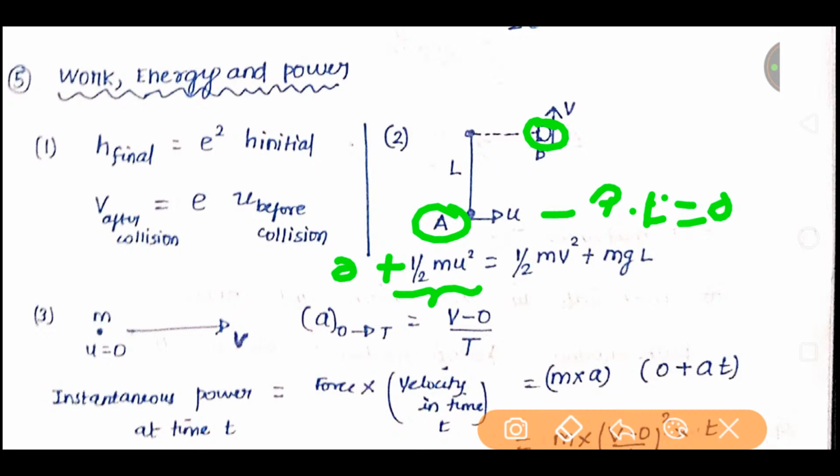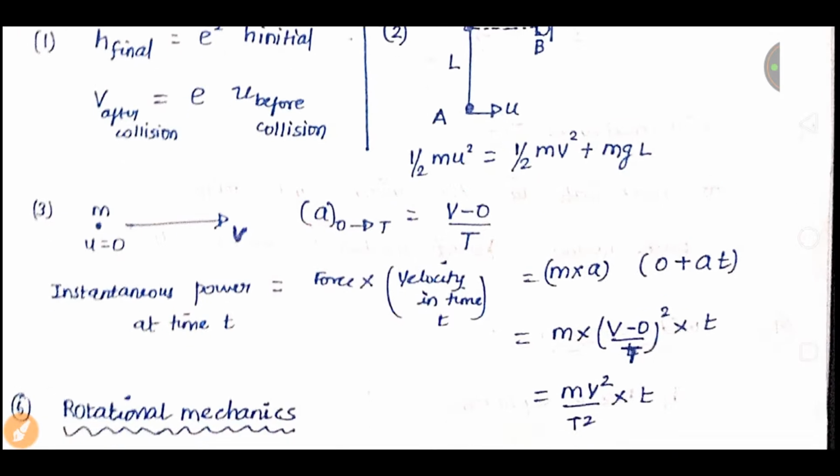Energy is a scalar quantity with no direction, is equal to half m v square plus the potential energy at this point, which with reference to the bottom is mg into L. So you should know how to make this equation, then only you can solve problems, right?